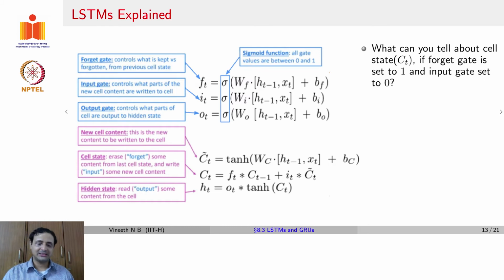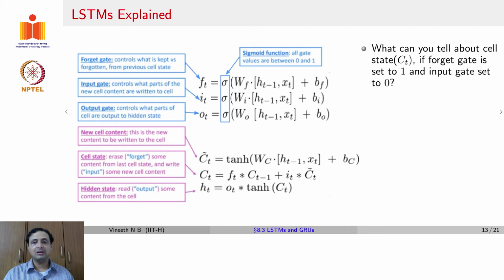Let's ask a couple of questions here to understand how this entire setup works. What can you tell about the cell state ct if the forget gate is set to 1 and the input gate is set to 0? Let's try to analyze this. The forget gate is set to all ones and the input gate is set to zeros.